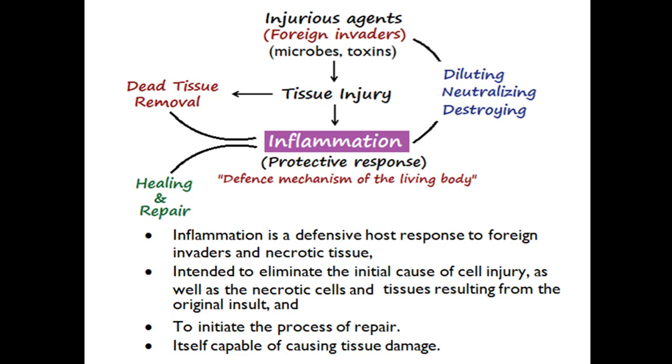And also the second trigger for inflammation is the presence of dead tissue caused by the inflammatory response or by the injurious agents or by physical or other types of injuries.